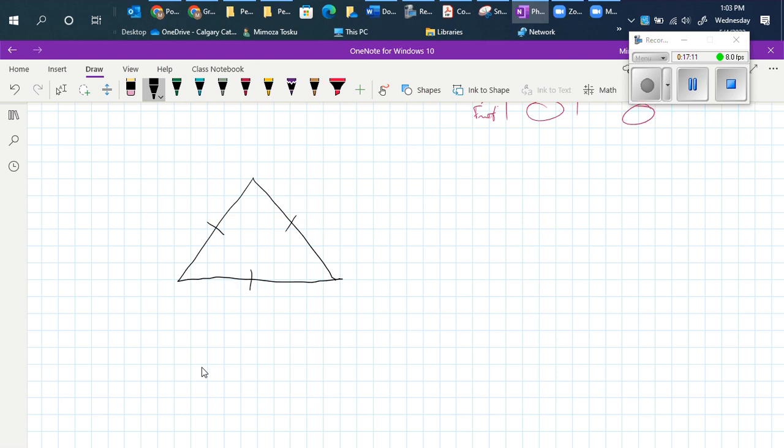That means that the lengths AB, AC, and BC are equal to each other. And the angles, angle A is equal to angle B, is equal to angle C, equal to 60 degrees. And then you have charges QA, QB, QC.